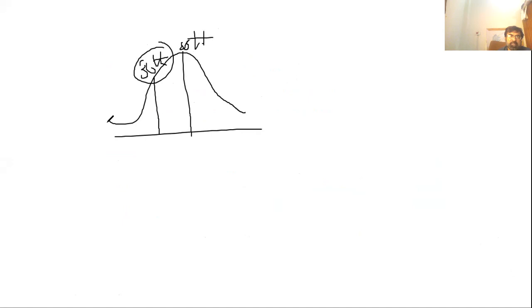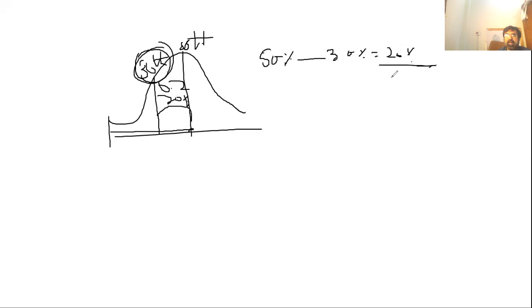So we are dealing with this area from here to here. The total area is 50th percentile, mean 50%, and 30th percentile has got 30% of the area. So from 50%, you have to subtract 30%, and it will become 20%. So the area from here to here is 20%, or 0.2. If you divide this by 100, that will become 0.2.